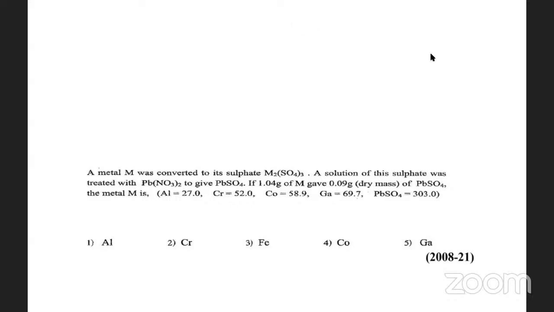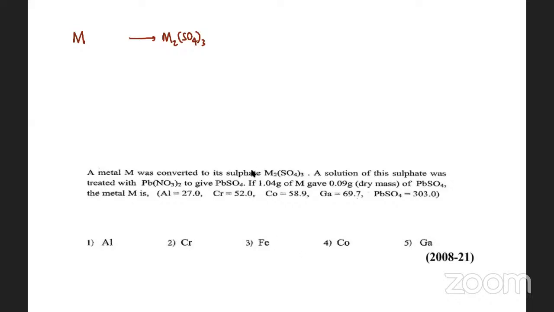Right, let's start. There are a few reactions given. Tell me, how will you convert M to its sulfate? If you want to convert M to its sulfate, that is M2(SO4)3, what should I do? Can you remember from O level? What should be done? If I want to convert M to its sulfate, what should I do, people? I should allow it to react with someone. Who? Hurry up.